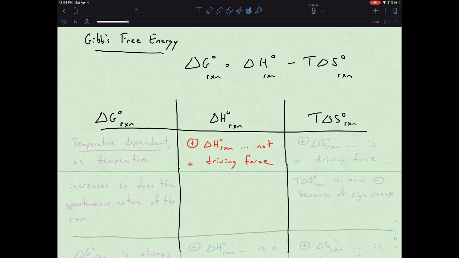We talked about that a little bit ago. This is an endothermic reaction. Let's say that we have then also a positive entropy of the reaction. This is a driving force.